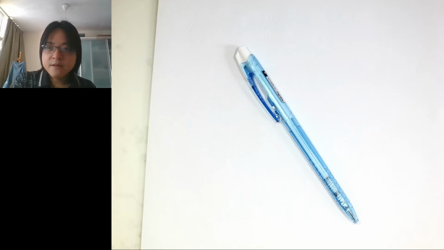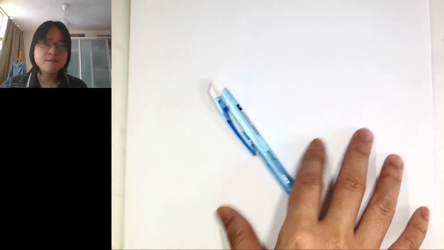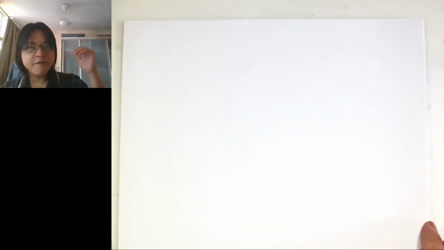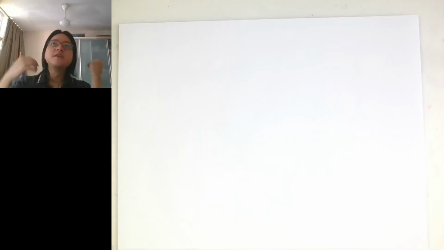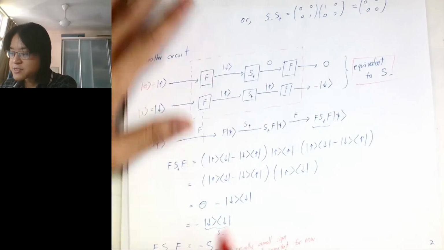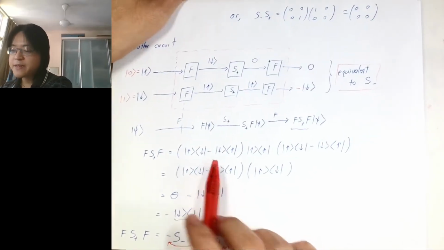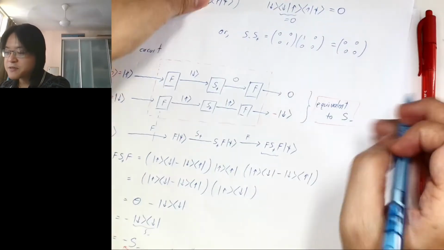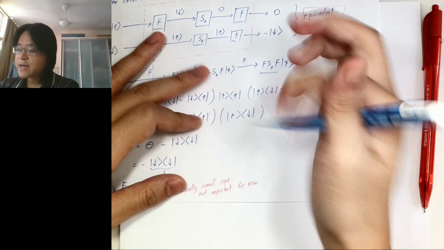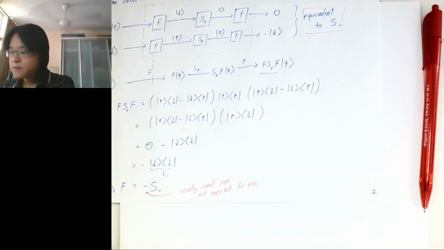So can down up be F? Yes. If you change the minus sign, yes, because the effect will still be the same. But it will introduce a phase, right? This is the extra phase, which is why I say not important for now. This extra minus sign that pops up here and there, or like Zuri was saying, another F. So let's call this F prime, right?